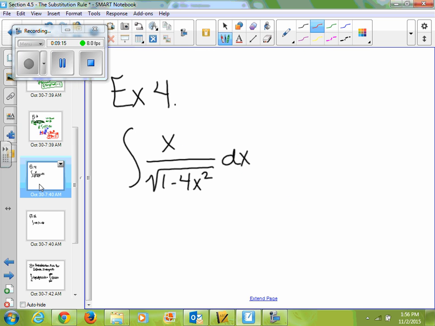Alright, so if I look at example 4, I'm given x divided by the square root of 1 minus 4x squared dx. Kira, what do you think I should let u equal? Okay, so 1 minus 4x squared.